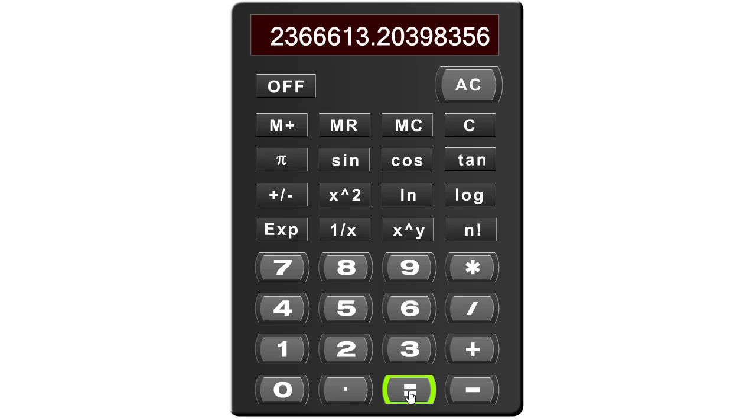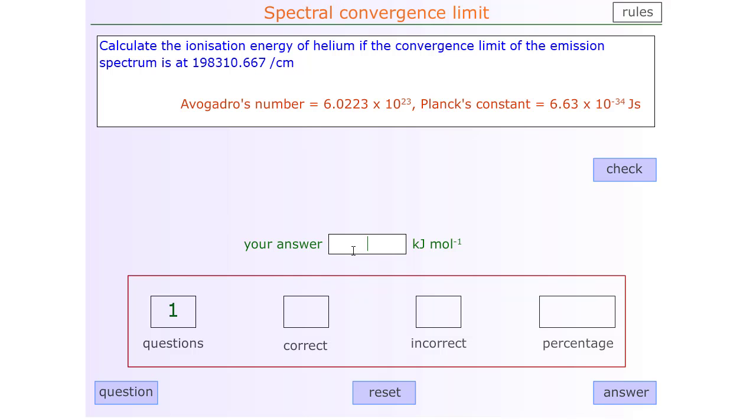Now this number is in joules, so we divide by 1000 to give us it in kilojoules, and we have 2367. So let's go back to our value here, we'll put the answer in, 2367, and we'll check the answer, and it is correct. So we've worked out the ionization energy using the convergence limit.